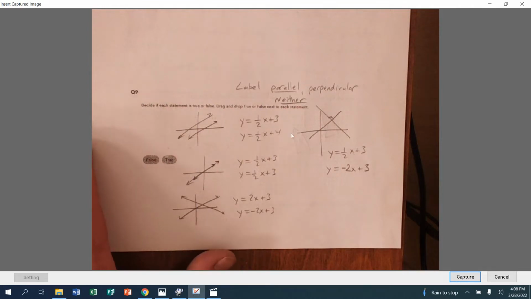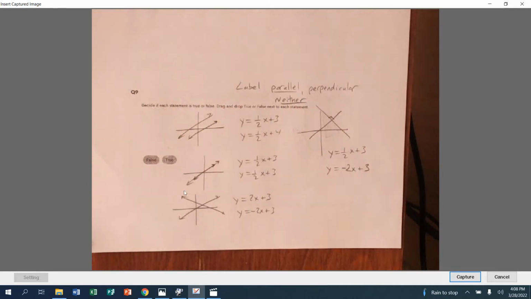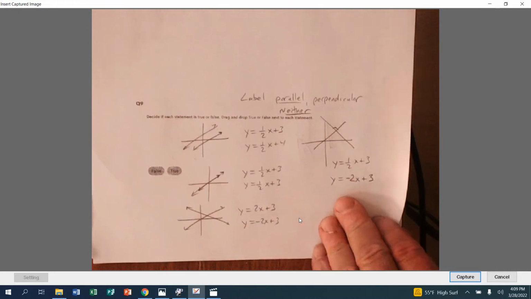I want you to look at these sets and tell me, of these 4 sets, are they parallel, perpendicular, or neither? And you could do this as a complete set. This picture matches this set of equations. This picture matches that set of equations. This picture matches that set. So you're really going to have only 4 answers here, whether they're parallel, perpendicular, or neither. All right, number 10.